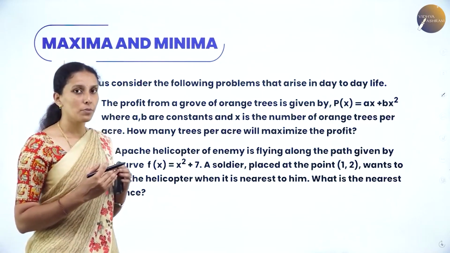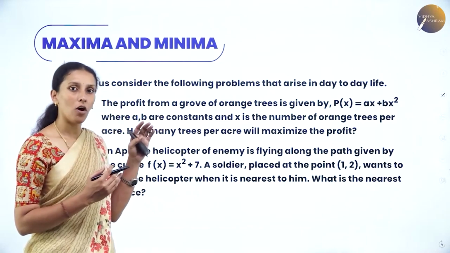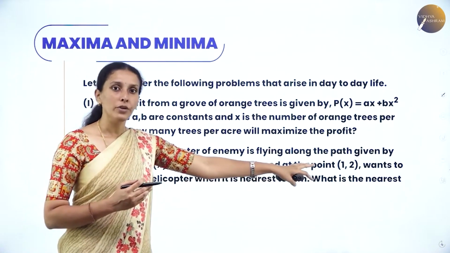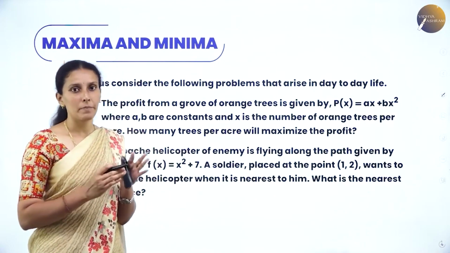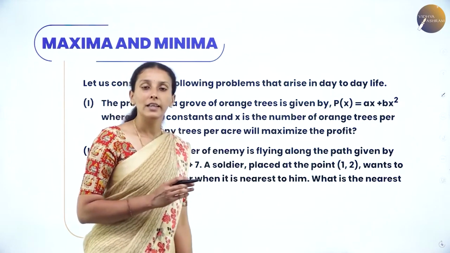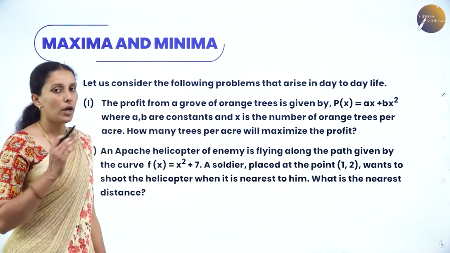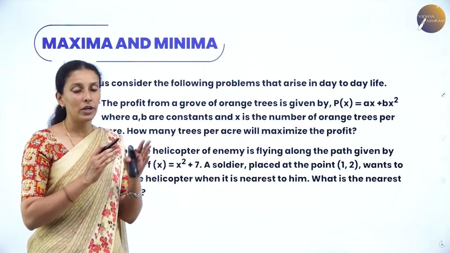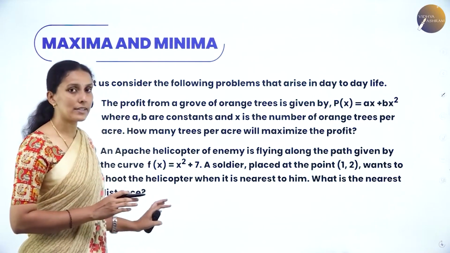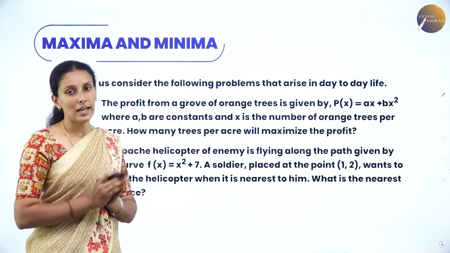The helicopter is moving along a curve, and a soldier is at the point (1, 2). That is, graphically, the soldier is sitting at a place whose coordinates are (1, 2). Now he has to shoot the helicopter when it is nearest to him. So how do we find the nearest distance so that he can shoot the helicopter?